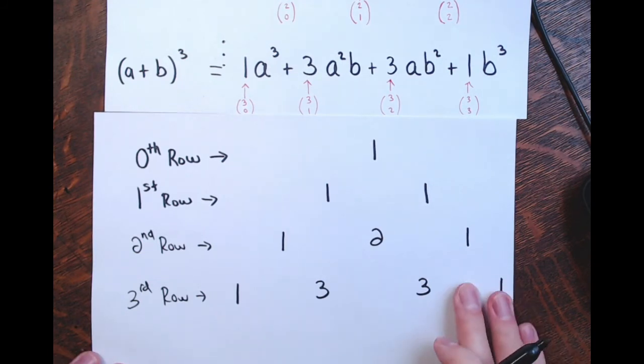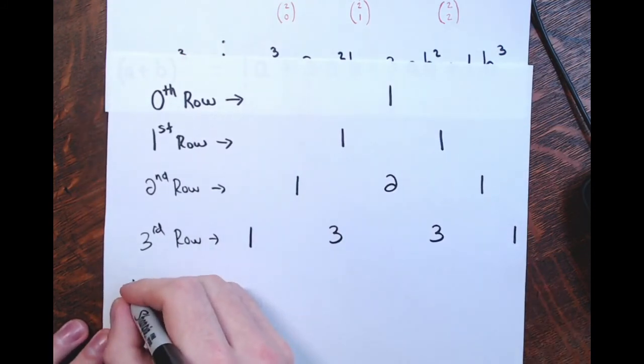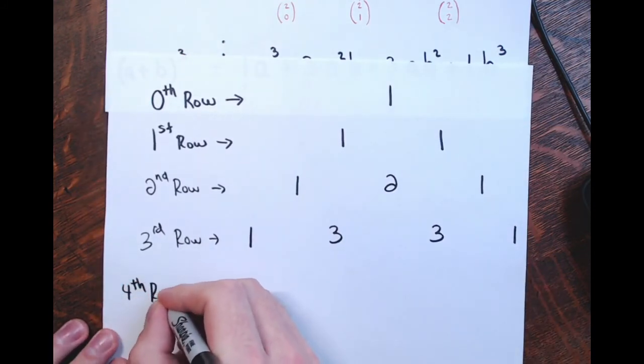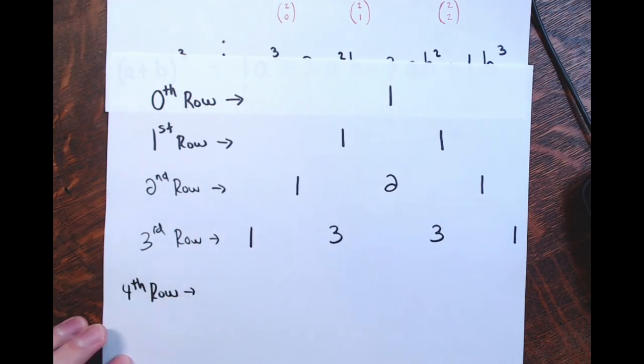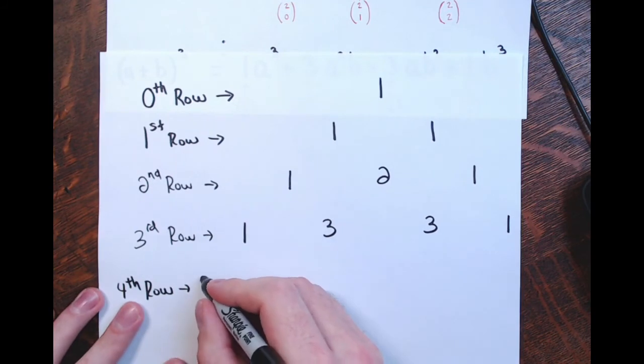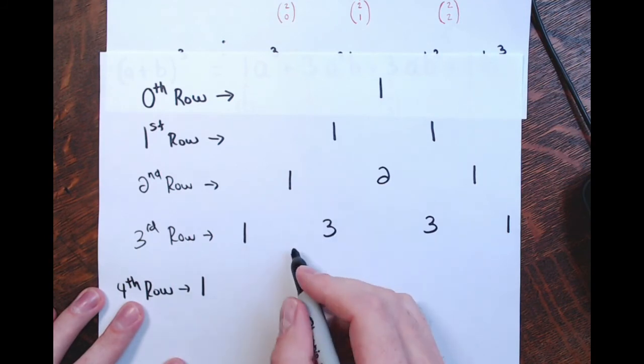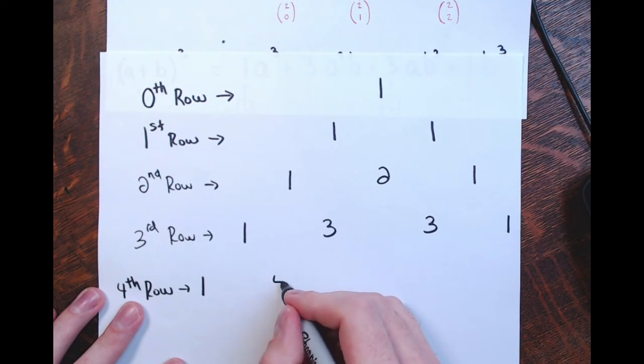Now I'm going to put out one more row and show you a pattern. So here's the fourth row. So these would be the coefficients if I were to raise a plus b, a binomial, to the fourth power. So 4 choose 0, which is 1. Anything, any whole number choose 0 is 1. Then between these two, I'm going to put 4 choose 1, which is 4.